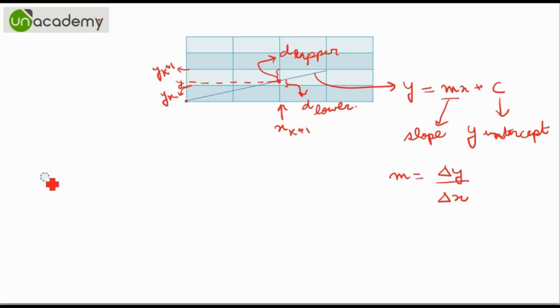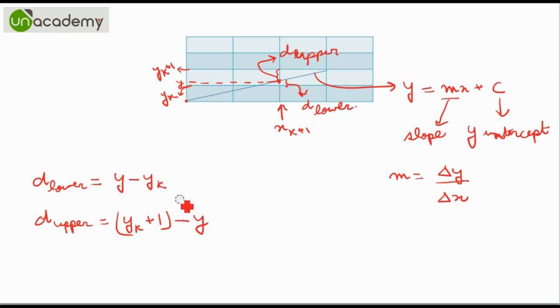So we see that d lower is equal to y minus yk, and d upper is equal to yk plus 1 minus y. That is quite simple to understand.